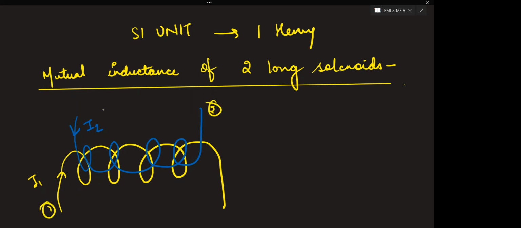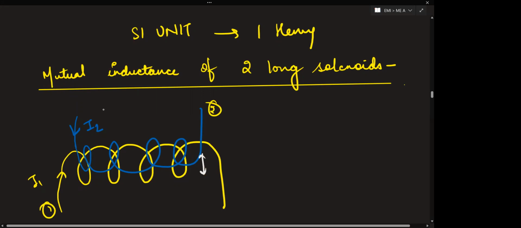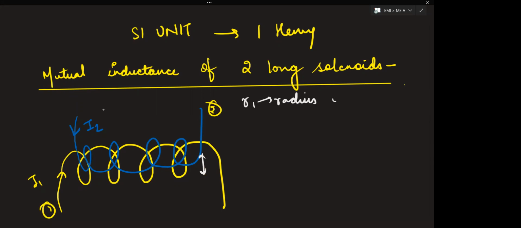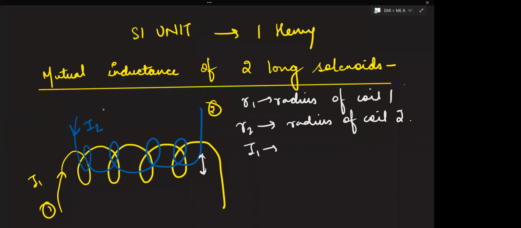Let's specify certain terms. R1 is the radius of coil 1, R2 is the radius of coil 2. I1 is the current in coil 1, I2 is the current in coil 2.